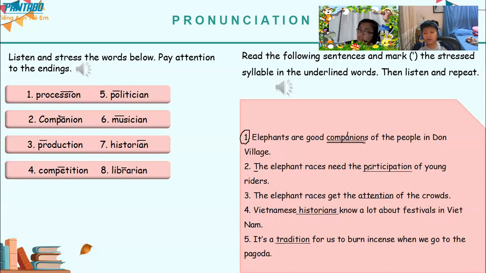Where should we put the stress on the word participation? Number 3, please read. The elephant races get the attention of the crowd. Attention.